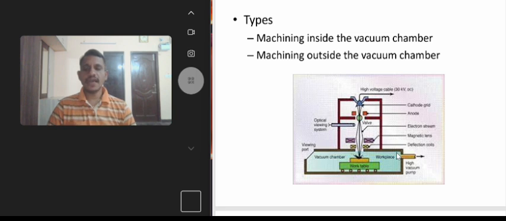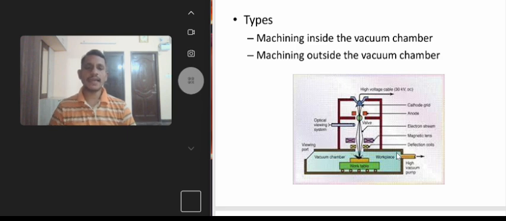The focusing lens is used to focus the electrons at a point and reduces the electron beam to a cross-sectional area of 0.01 to 0.02 mm diameter.